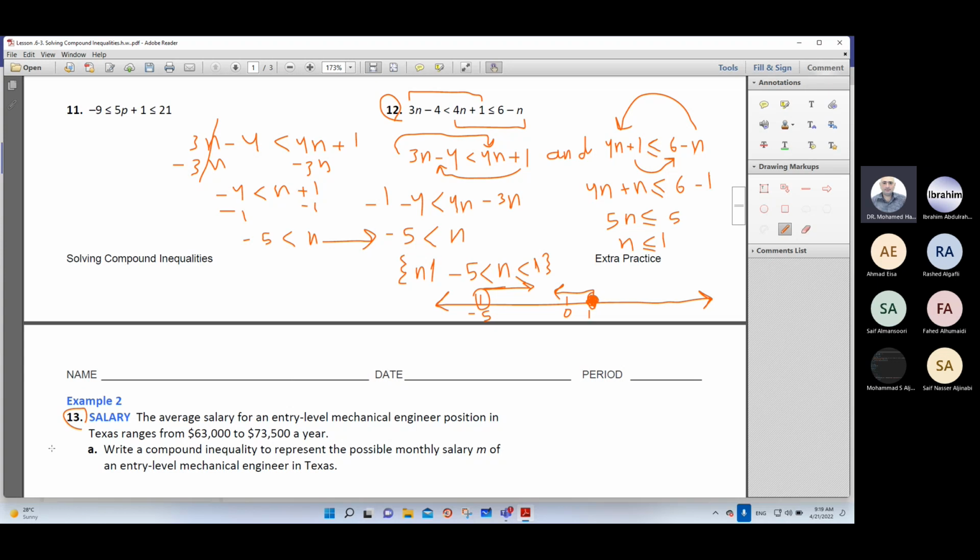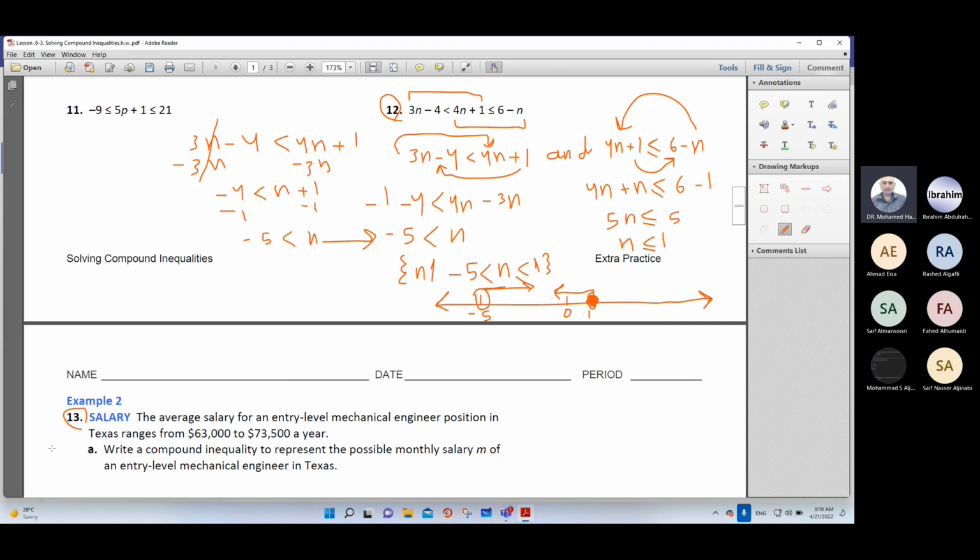Here, we don't know the salary inside the month. So represent variable M. And how many months inside the year? 12. So means the total of the salary will be 12 M. 12 the number and M the value of the salary.